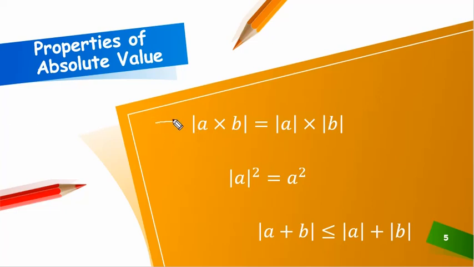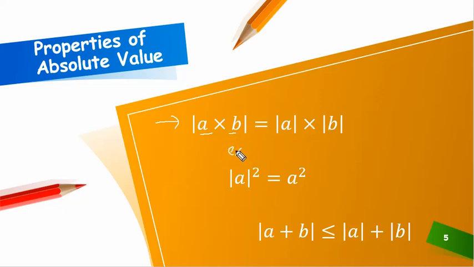Next is the absolute value of A times B. It's equal to the absolute value of A times the absolute value of B. So you can separate them and multiply the result.